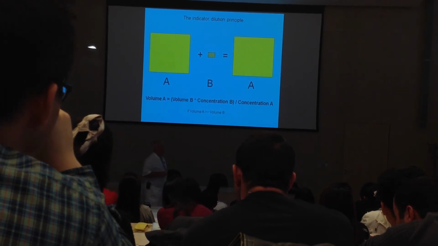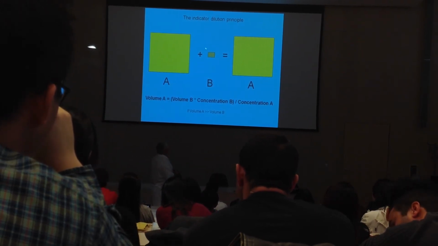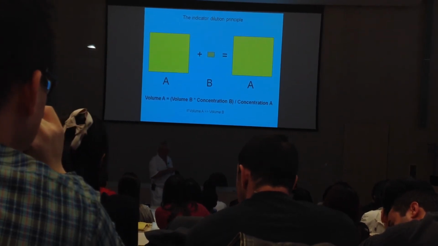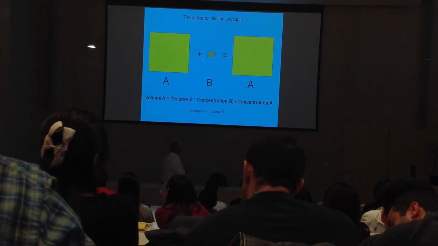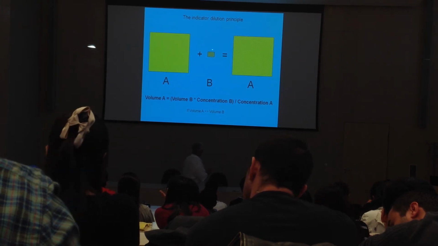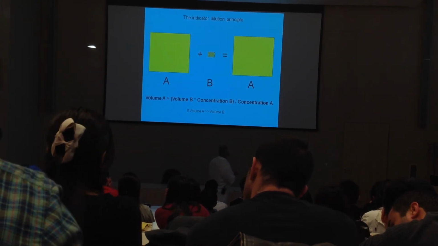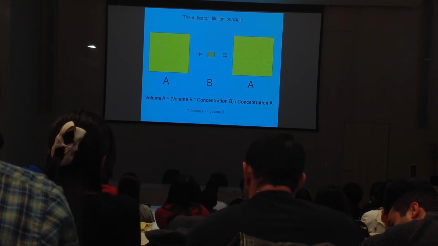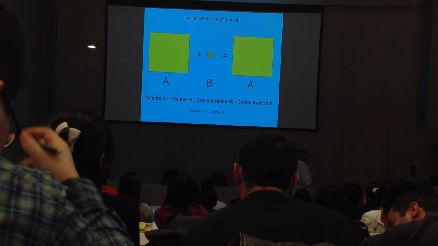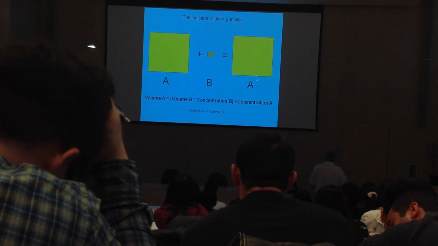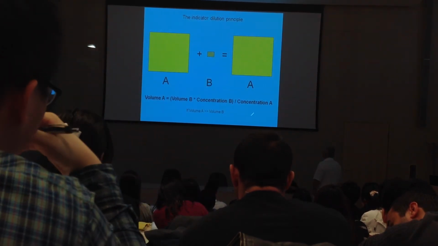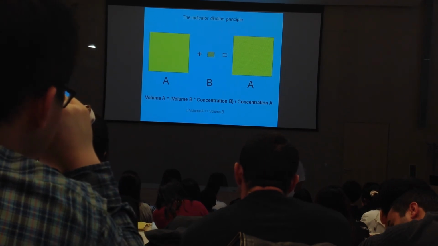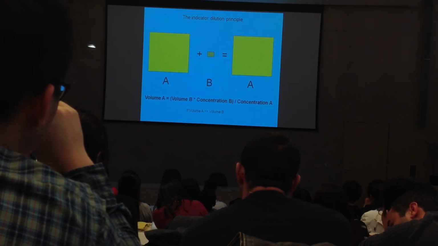Small volume is very important here because the added volume should not change significantly the total volume to be determined, and we know the concentration of the indicator. If we add it, we wait until it distributes evenly, then we determine the concentration. From this data, we can determine what the original volume was. Very simple. The definition is probably more complicated than the principle itself.